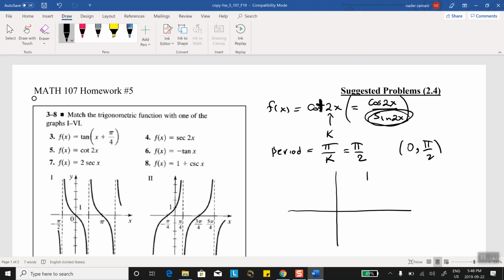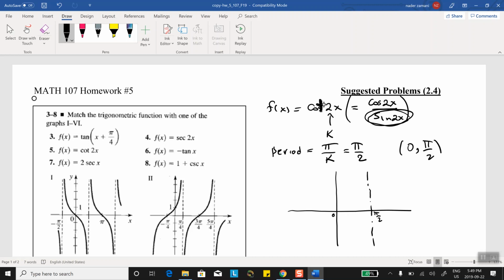So definitely, we've got a problem at these two locations: at the location 0, and at the location pi over 2. Okay? Now, what we can do is try a few more numbers, because this graph is going to be very similar to the tangent graph. But I don't want to necessarily memorize all of these.